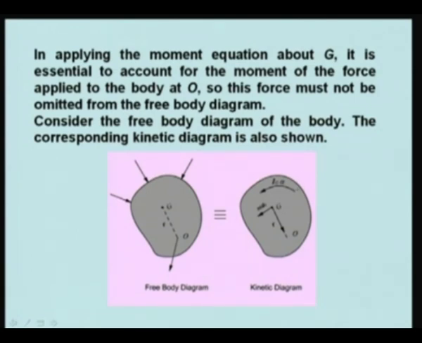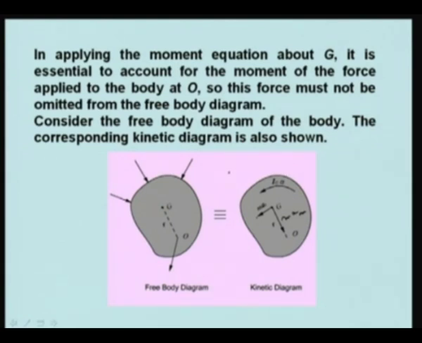Now we make the equivalent kinetic diagram here. This is IG times alpha. We show IG alpha, and then we show here mass times the tangential acceleration passing through G, and mass times the normal acceleration. These are basically m a_t and m a_n. So in the kinetic diagram we will be showing m a_t, m a_n and IG alpha. So this is a kinetic diagram. From the free body diagram one can easily obtain the kinetic diagram by applying Newton's law.